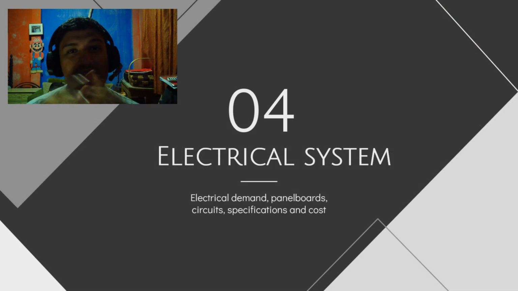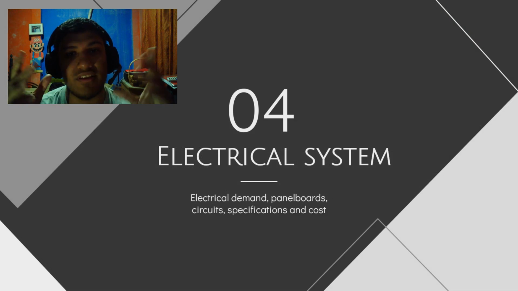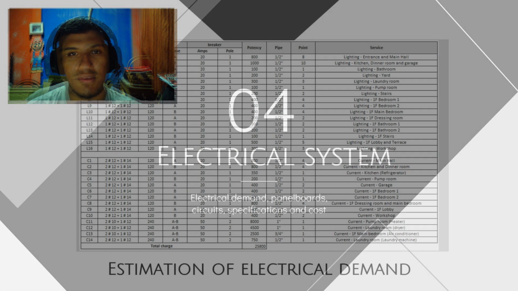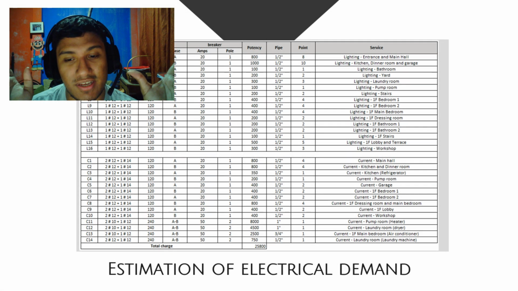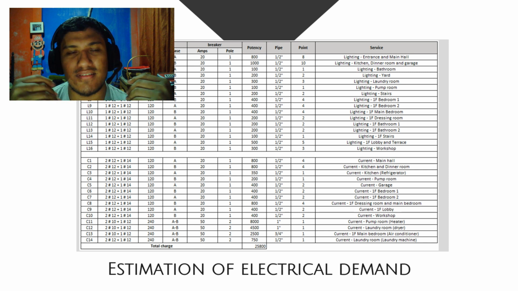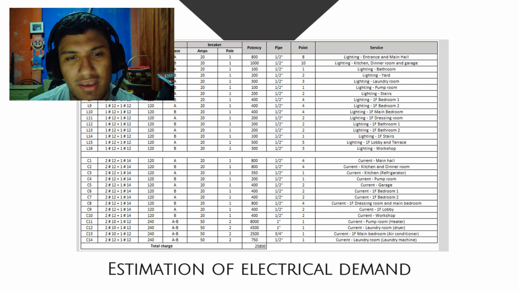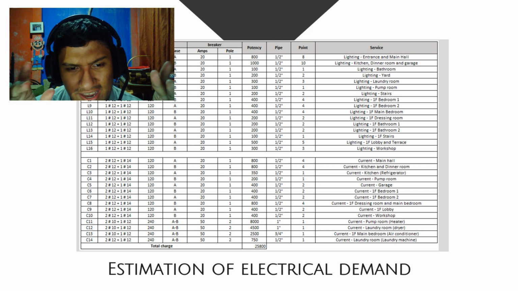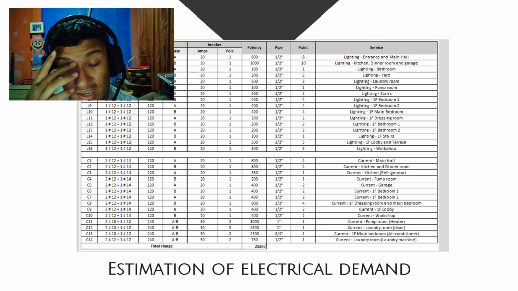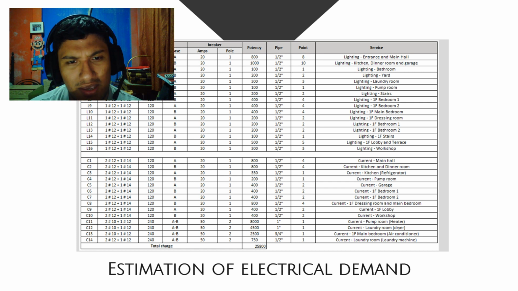Now I'm going to explain the electrical system for the project we have. First of all, we have the electrical demand, which refers to the number of lights and number of outlets that we have in our building. For example, we have 16 lights and 14 outlets for our building, and all of these are distributed among the areas.